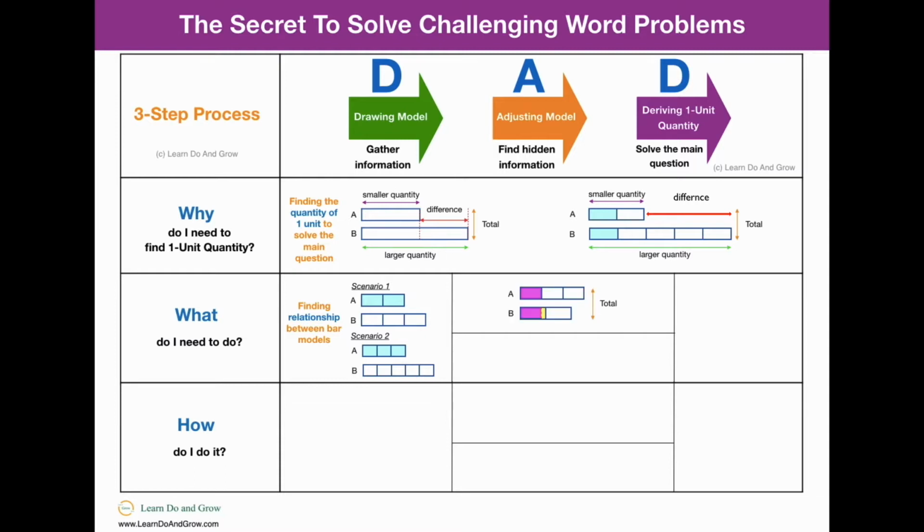So what are the bar models that the examiner can set? One type is to compare between two things. For example, model A is over here, and the quantity per unit over here is not the same as the quantity per unit over here. If you look at A over here, B is from here to here, and B is longer.